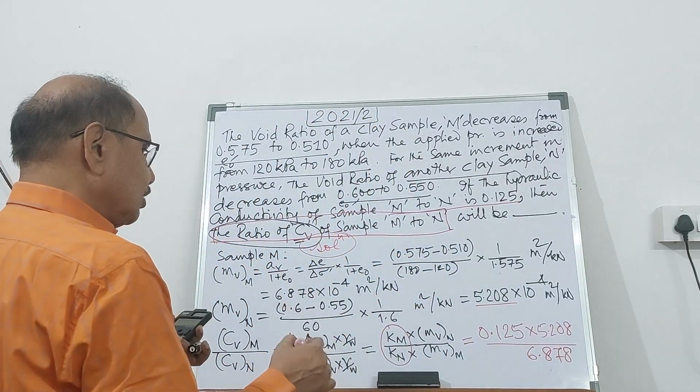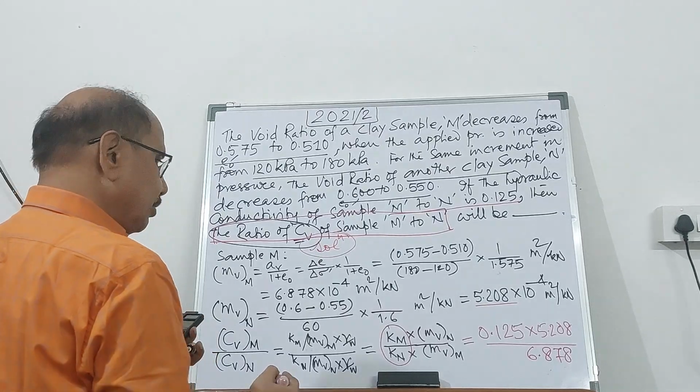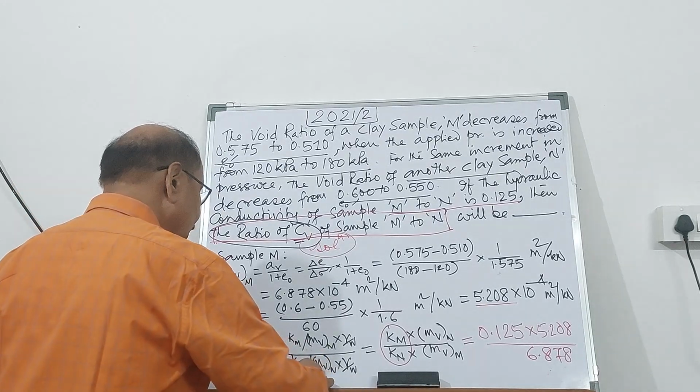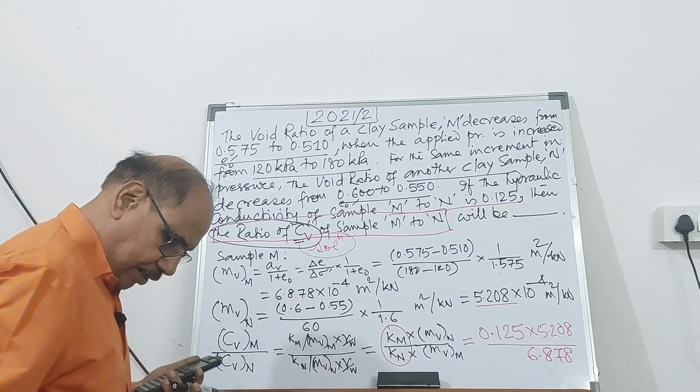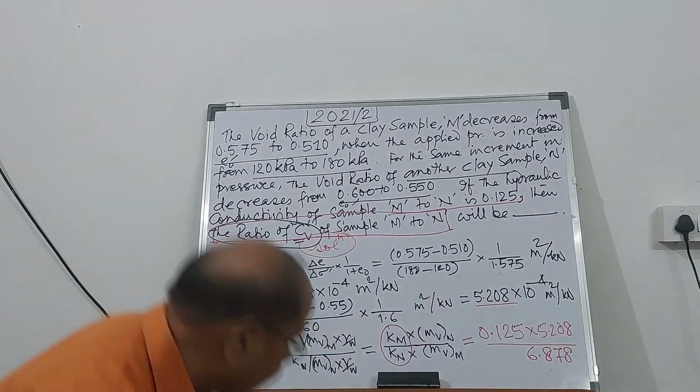So 10 raised to minus 4 in numerator and denominator gets cancelled. So I can calculate this value and get the answer.